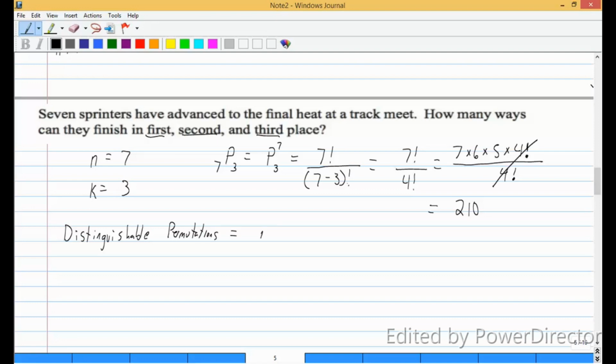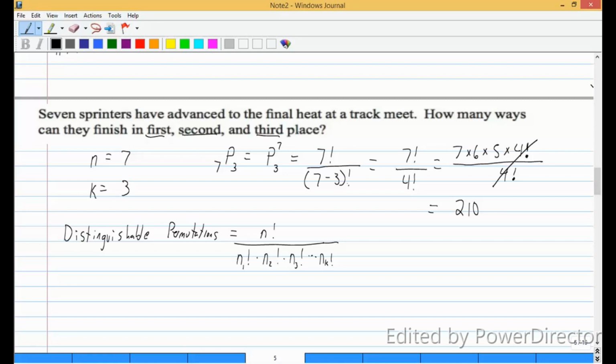And that formula is n factorial divided by n sub 1 factorial times n sub 2 factorial times n sub 3 factorial, so on and so forth to n sub k factorial.